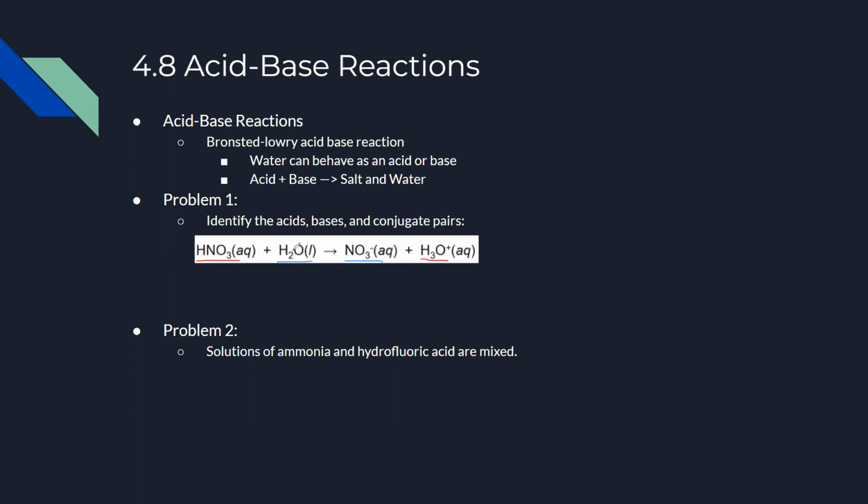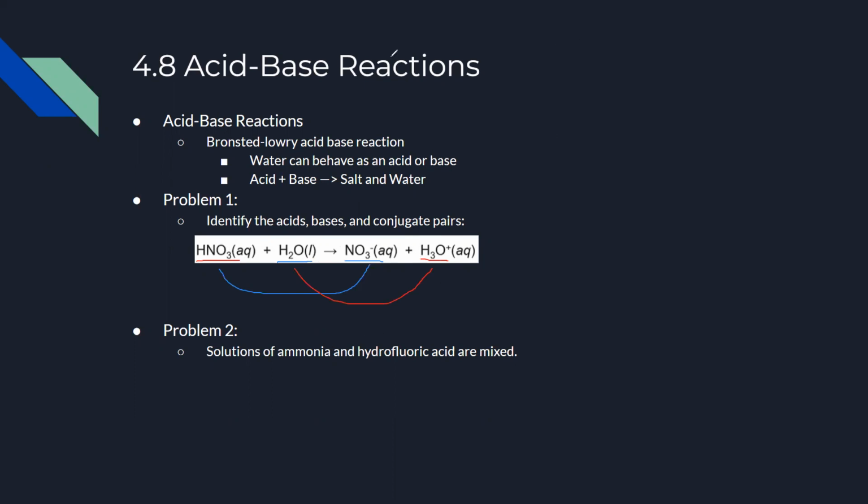So H2O accepts a proton from the HNO3 to create H3O plus, while the HNO3 donates a proton to the H2O and becomes NO3 minus. So that's the acids and base. The conjugate pairs are HNO3 and NO3 minus, along with H2O and H3O plus.